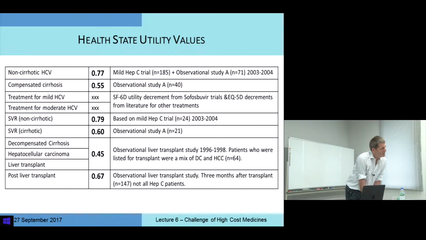Where are you doing the study? In Thailand. I said, oh, so you're going to use UK values in Thailand? Or are you going to use the values, say, from Japan or South Korea? And she thought about it and came back and said, I'm going to collect values for Thailand.